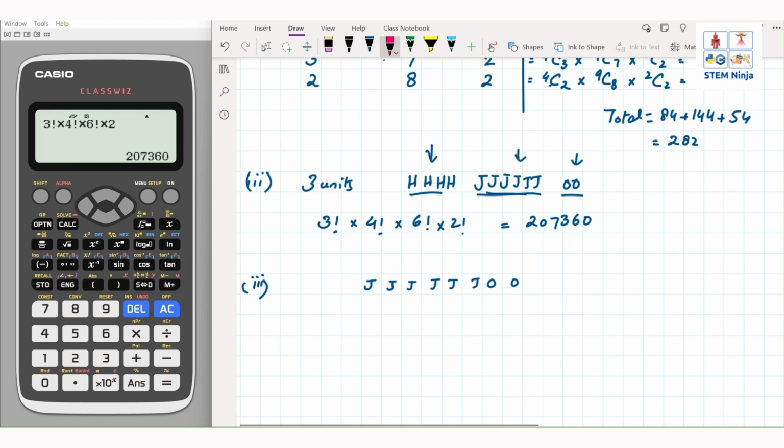So for hibiscus, we have these places: 1, 2, 3, 4, 5, 6, 7, 8, and 9. 9 places for hibiscus trees, but only 4 hibiscus trees. So 9P4 basically simply.